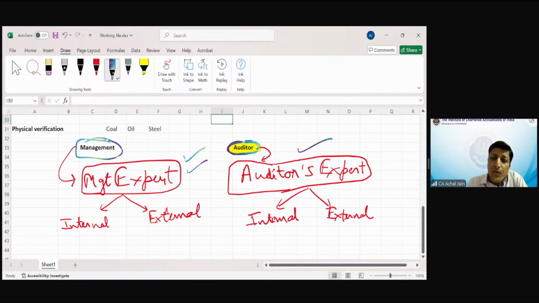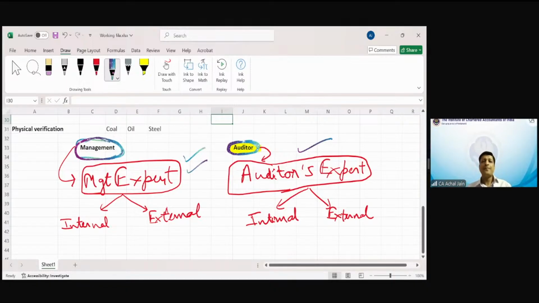His responsibility will not go down. It will continue to remain. So this is something which is considered important, which is required to be looked at.